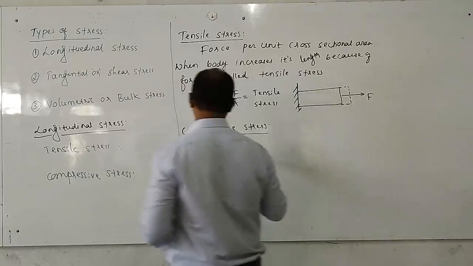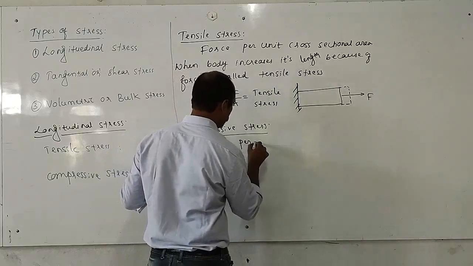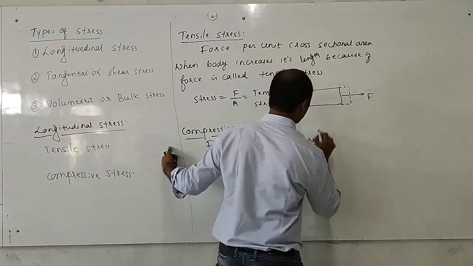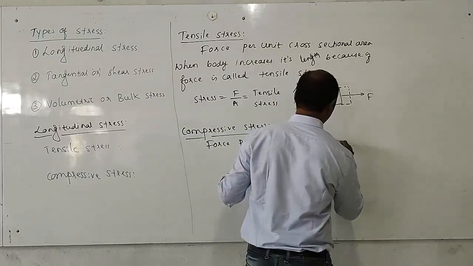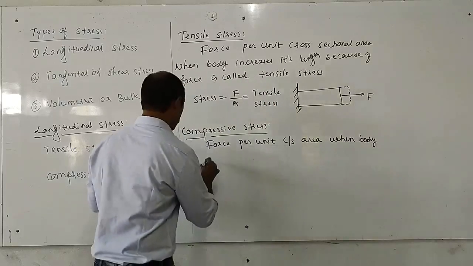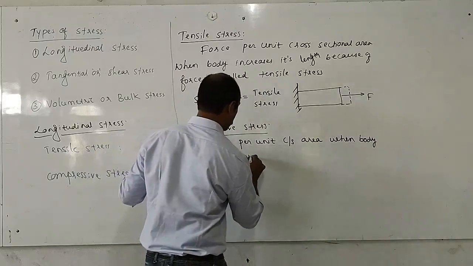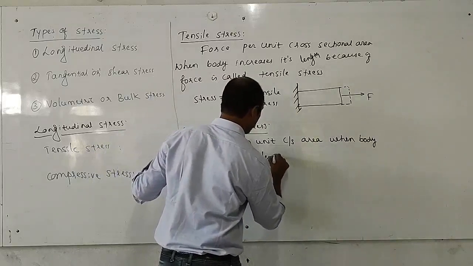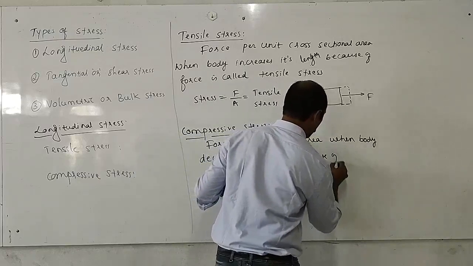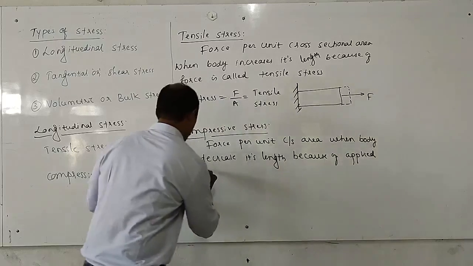So here also I write force per unit cross-section area when the body decreases its length because of applied force.